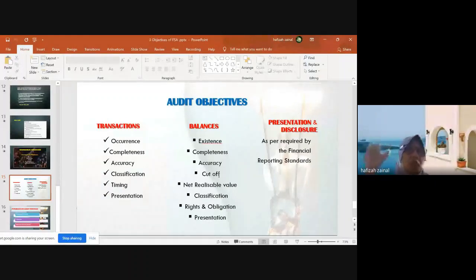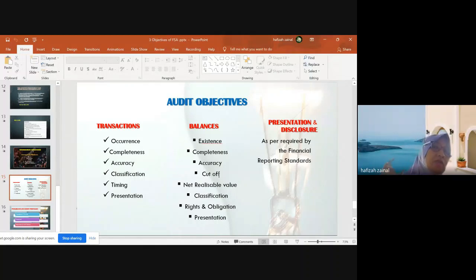So you have to memorize the audit objectives. You have to understand each item, what does it mean? Hence, later on, when we go for audit of financial statement items, you know what audit procedures would be relevant, and you would know which document will be used as audit evidence.